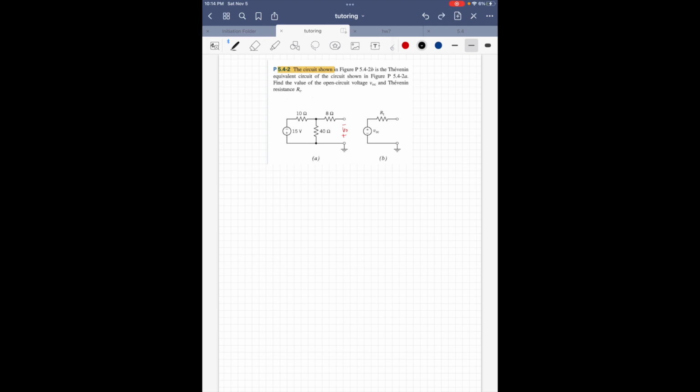Now, let's start with the Thevenin voltage, which is this right here. How can we find this? If you look at this 8 ohm resistor right here, you see that it's connected to an open circuit. So basically, there's no current flowing through this resistor, meaning there is no voltage drop.